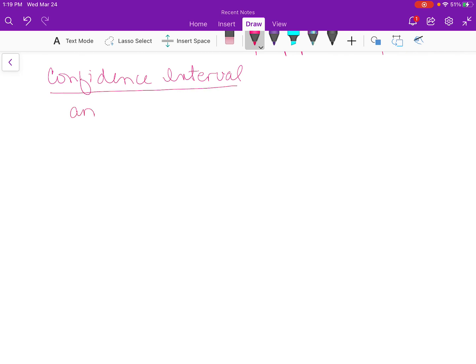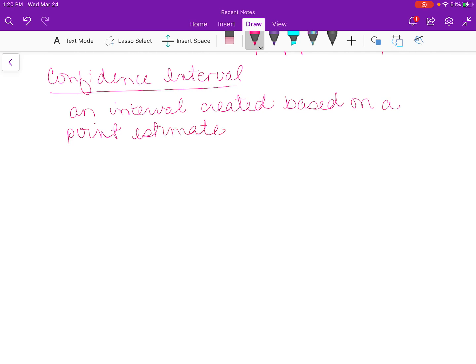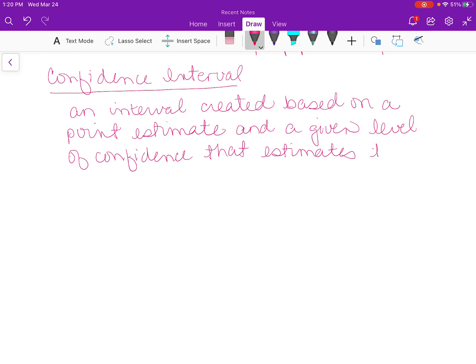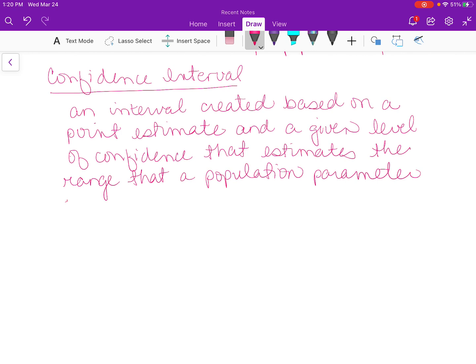And a confidence interval is an interval created based on a point estimate and a given level of confidence that estimates the range that a population parameter should fall in.